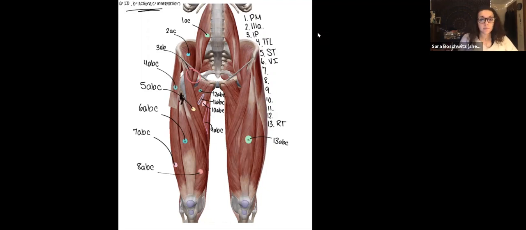So you can't see it on the other side because the rectus femoris is lying on top, but the vastus intermedius is going to be deep. So make sure you keep that in mind. So skipping over to number 13 real quick, the rectus femoris is going to aid with hip flexion and knee extension and is innervated by the femoral nerve.